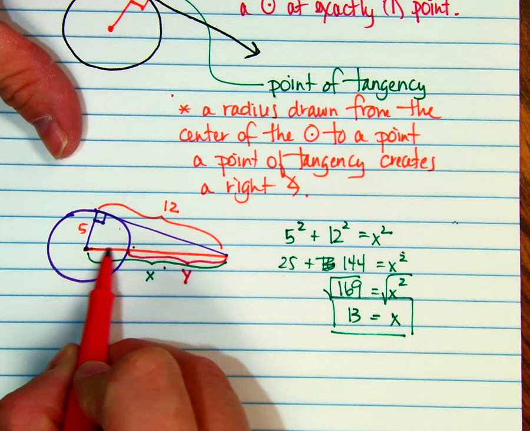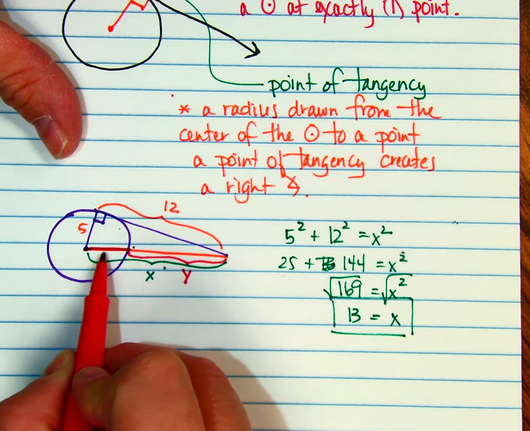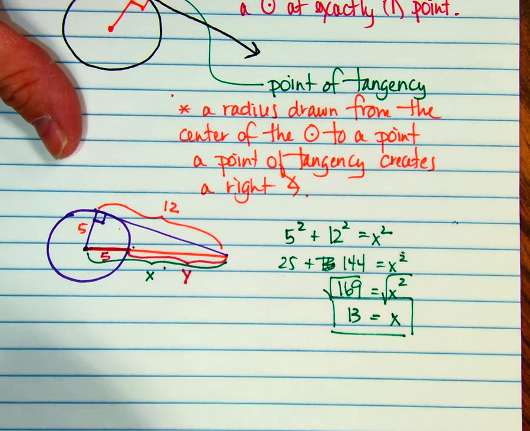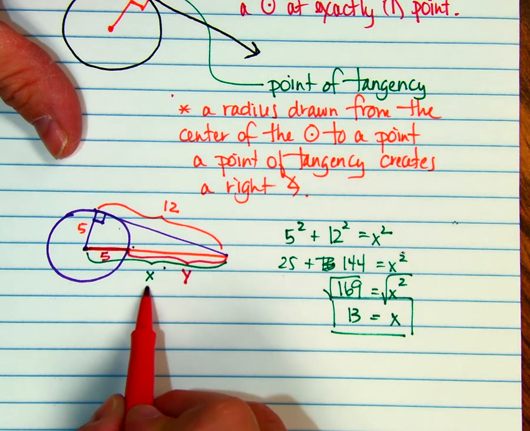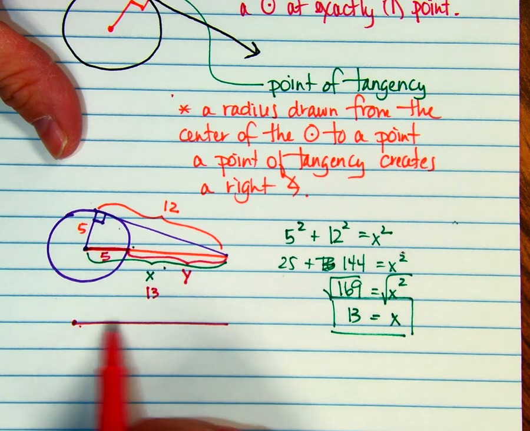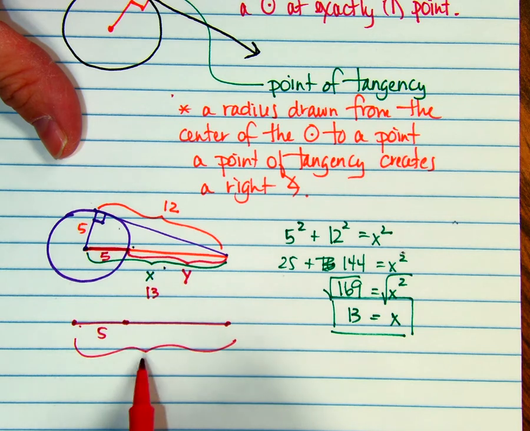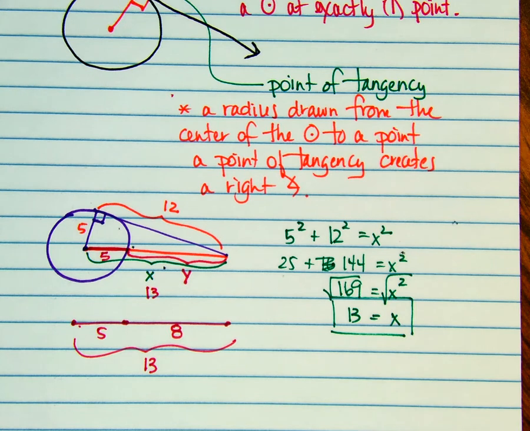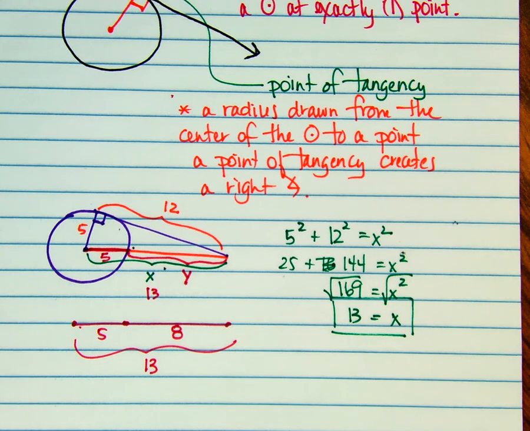Well, we know that this is also a radius, so this is 5. We just found x to be 13, so this is 5, this whole piece is 13, which makes this little piece 8. So you can find lots of missing pieces because of that radius.